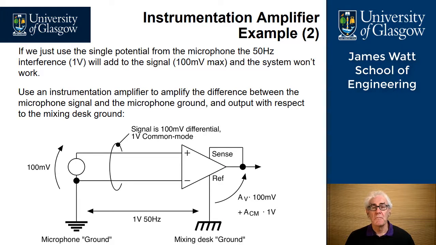However, if we use an instrumentation amplifier to amplify the difference signal coming from the microphone and reject the noise from the microphone ground, then we can receive the audio signal and get high quality audio out of it. This application assumes that the common mode gain of the instrumentation amplifier is much less than the differential gain, or AV.